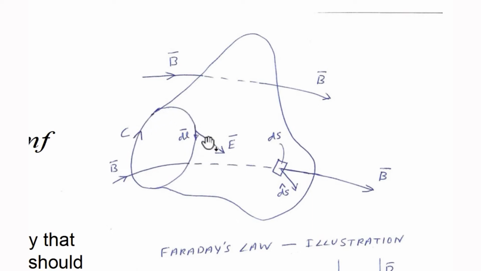Now what Faraday's law is stating is that if you sum up all the components of the E field along a closed path and multiply it by the small elemental length, that is, if you take the line integral of E along the closed path, then that is equal to the surface integral of the magnetic flux density vector.